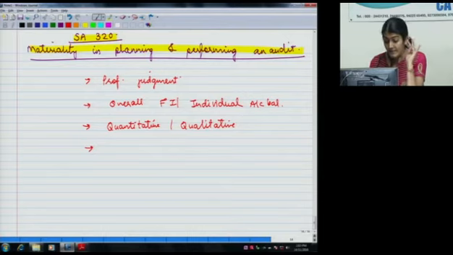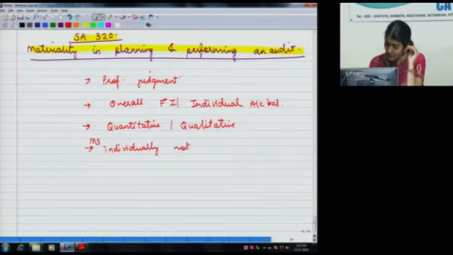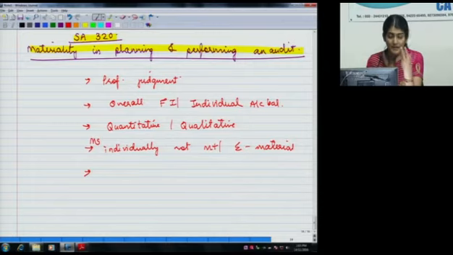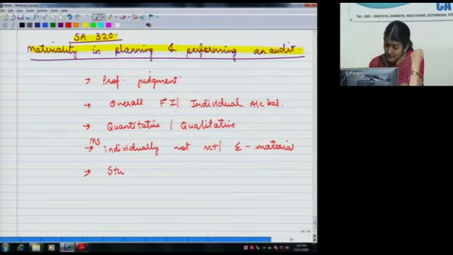Right, then it says some misstatements or items which are individually not material, but in aggregate may be material. This I will discuss separately in the next concept of performance materiality. Some items individually may not be material, but if you take their total, then that total may become material.